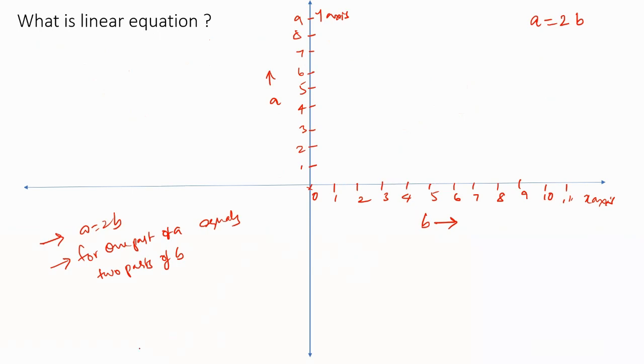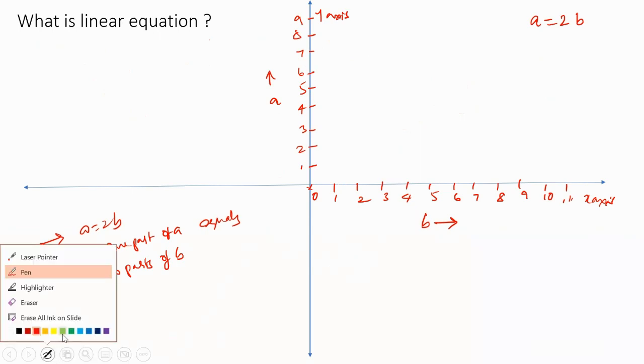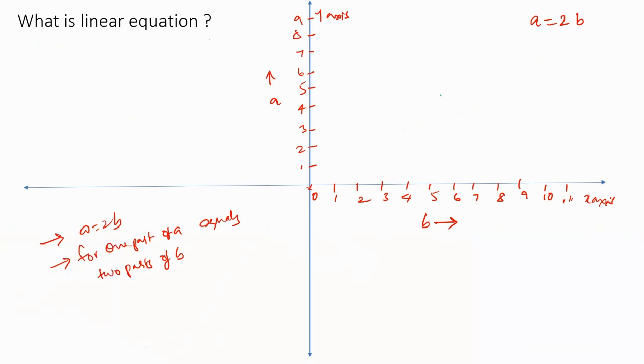So based on this equation, let's say for example b equal to 1, a equals 2 cross 1. So the value of a is equal to 2. If we plot that data point, I mean for the value of b equal to 1, we will get it at this point. So this is my first data point.